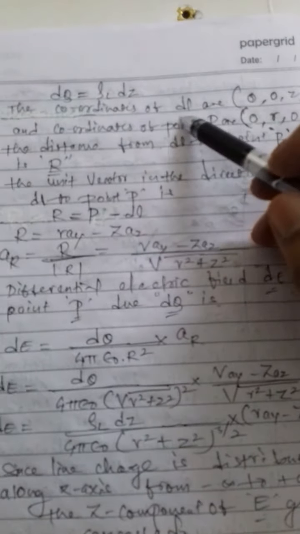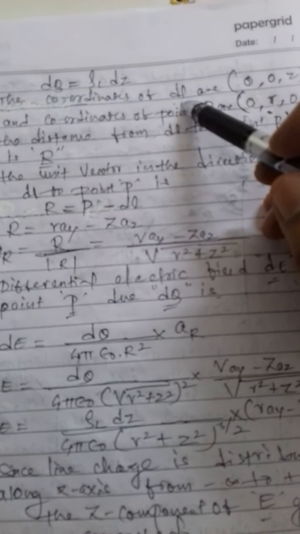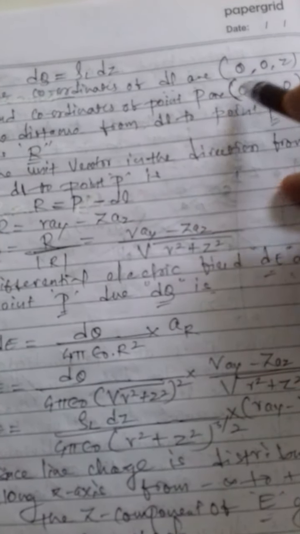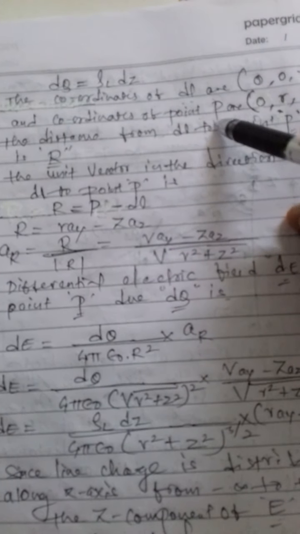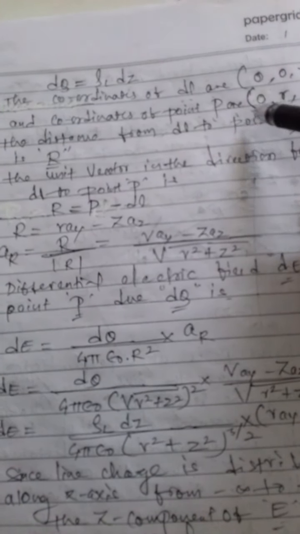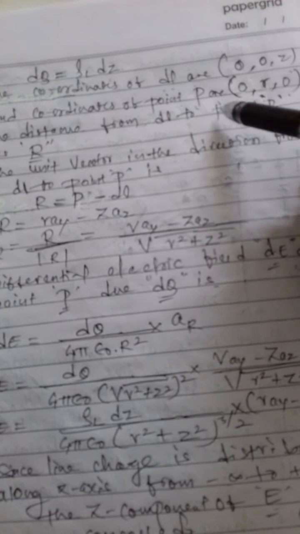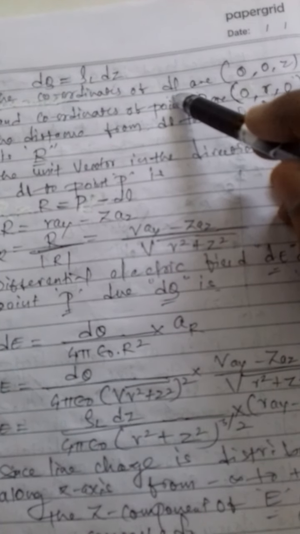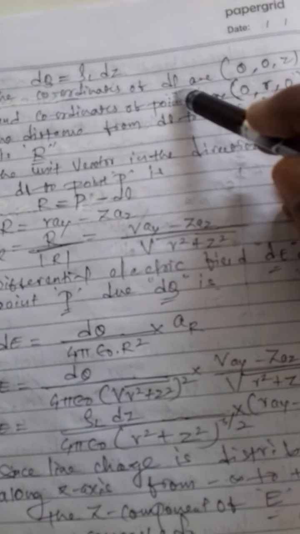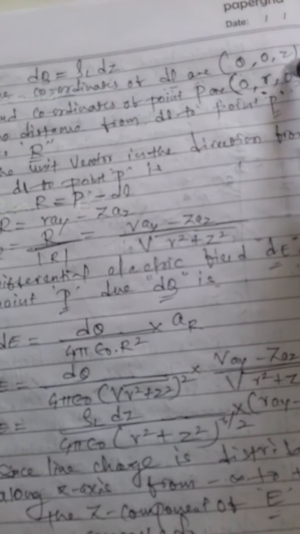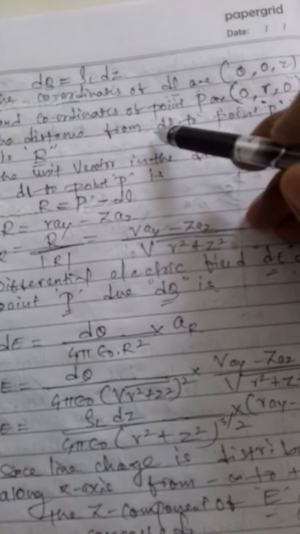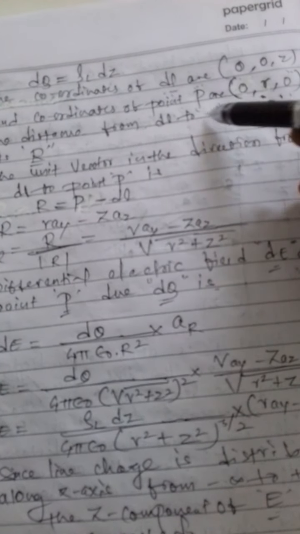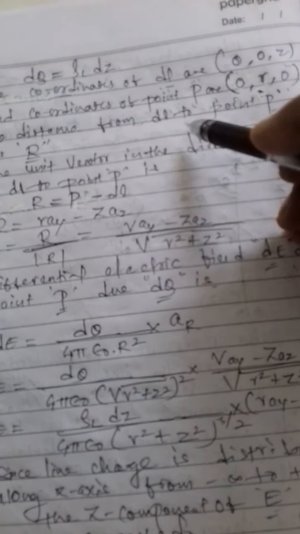The coordinates of the incremental length dl are 0, 0, z, that is along the z axis, and the coordinates of point P are 0, r, 0, since P lies along the y axis.